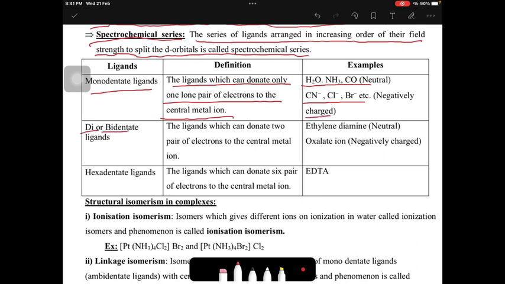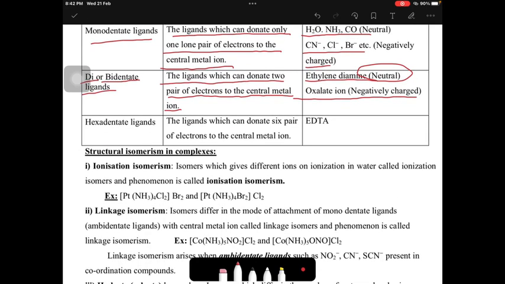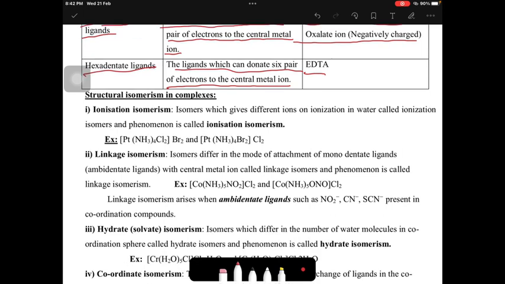Bidentate ligands can donate two pairs of electrons to the central metal ion. Examples: ethylenediamine, which is neutral, and oxalate ion, a negatively charged ligand. Hexadentate ligands can donate six pairs of electrons to the central metal ion. Example: EDTA.